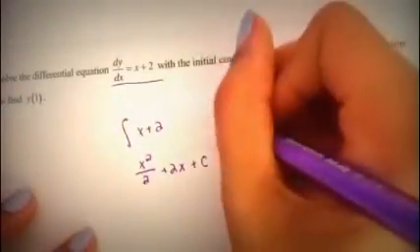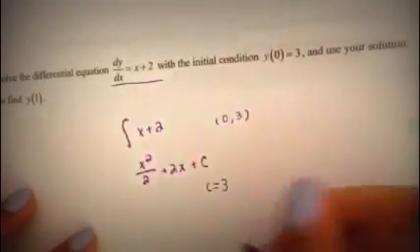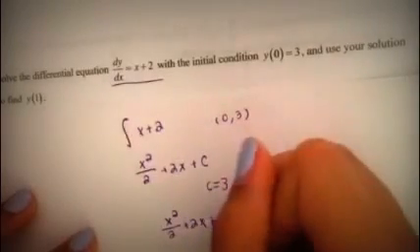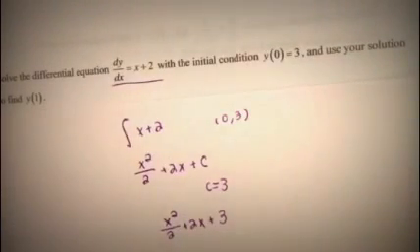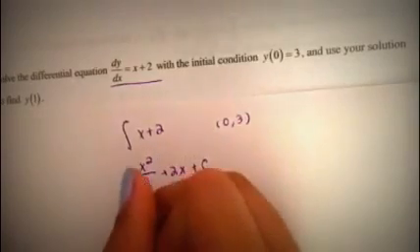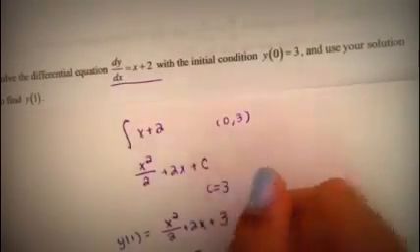If we plug in our initial condition of 0, 3, we get that c is equal to 3. So our answer is x squared over 2 plus 2x plus 3. Using our solution to find y of 1, y of 1 equals 1/2 plus 5, which is equal to 5.5.